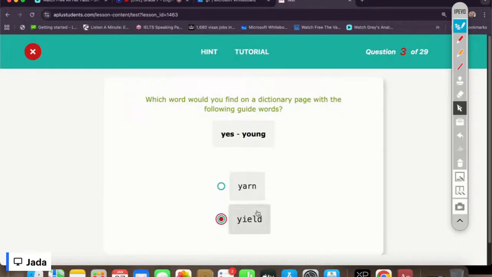So we have yield, then adults to anybody. Would you find artificial in between or not?